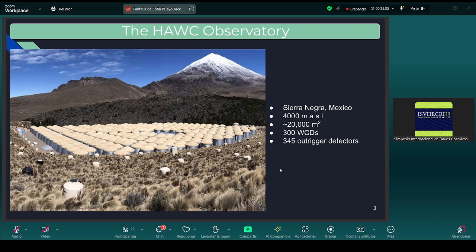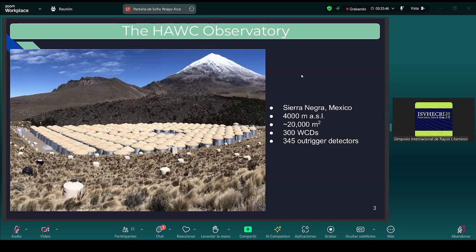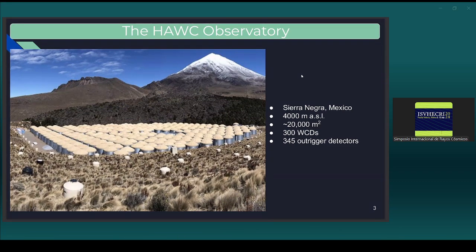It was constructed at an altitude of 4,000 meters above sea level, and it has a geometrical area of about 20,000 square meters. The site was selected because we were interested in an energy range in which the air showers reach their maximum at this height. And it was constructed with 300 water Cherenkov detectors.